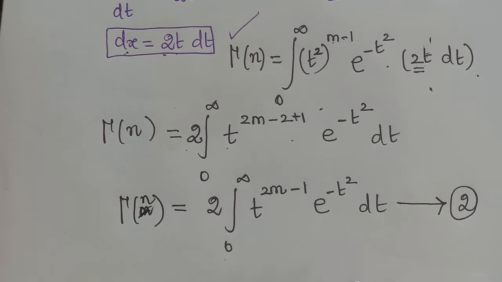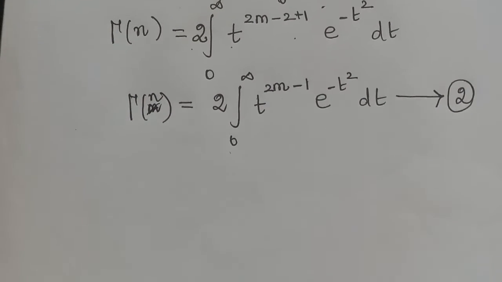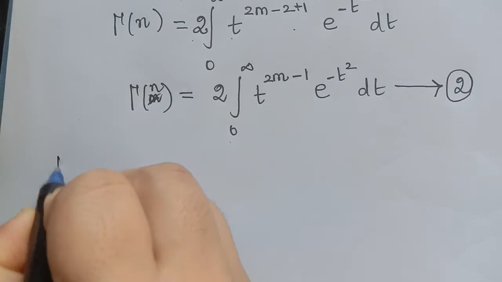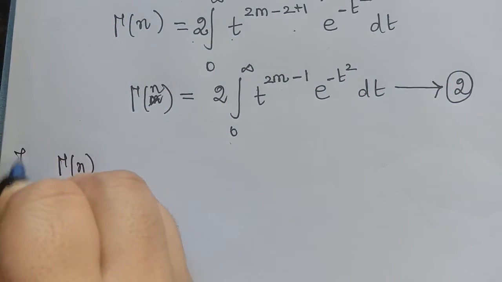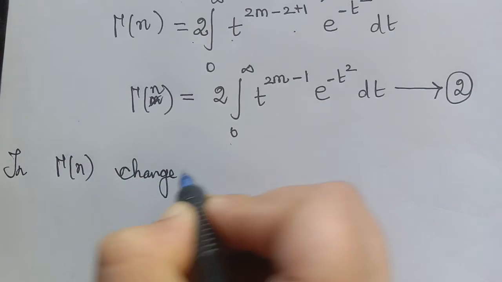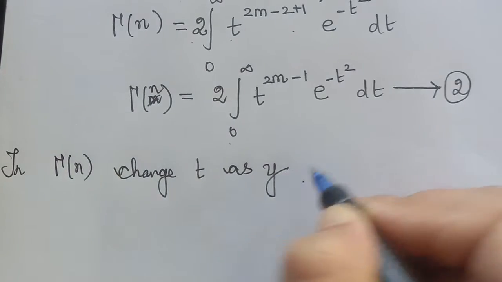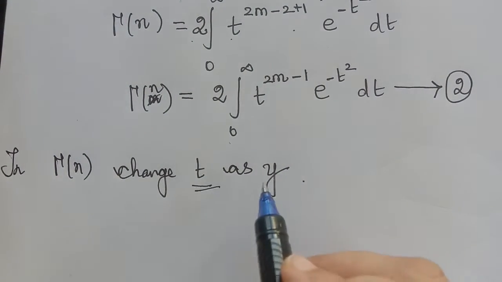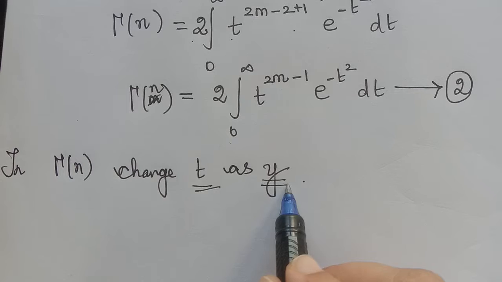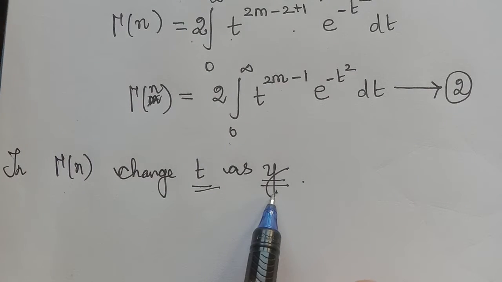Now after this, we are going to make a change of the variables alone. So now in gamma of n, we are going to change the variable t as y. So wherever I am having t, I am going to just replace it by y in order to get gamma of n in terms of y.